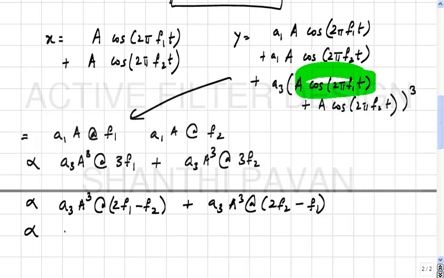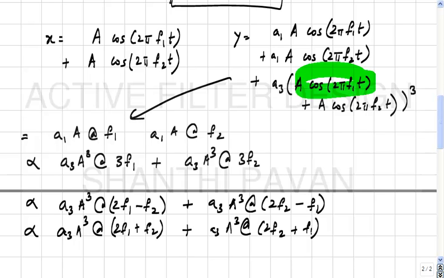Plus also terms at A3 A cube 2 F1 plus F2 and 2 F2 plus F1. I have not written down the values of all these constants. You can work them out. That is not important.